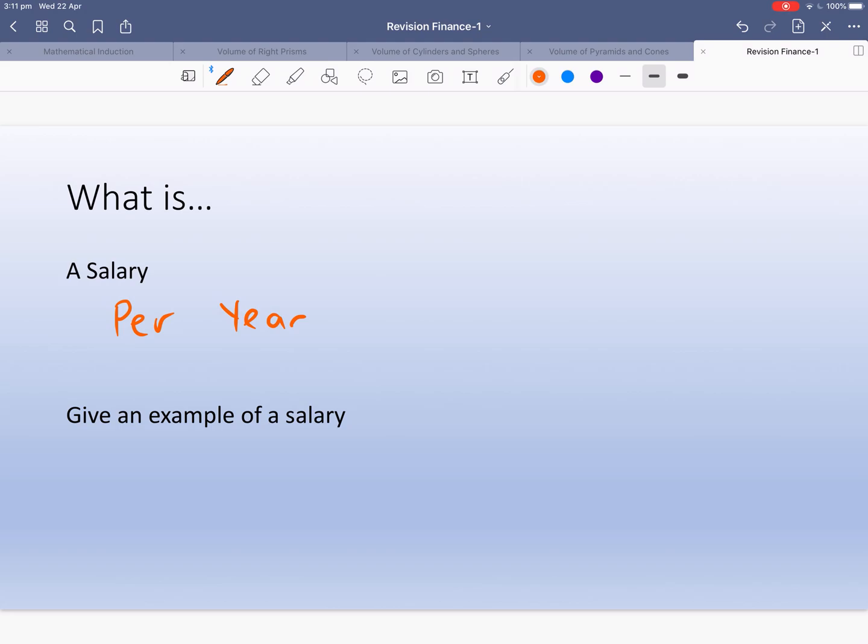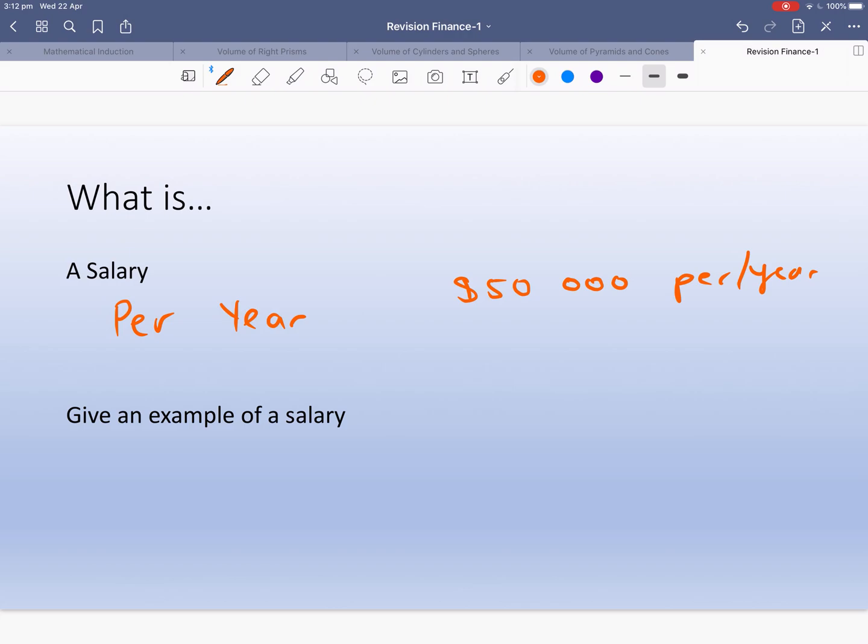So it doesn't matter if we work 4 hours in a day or 17 hours in a day, we get paid the same amount, all right? So we get a contract and we sign it for the year, and then we get paid a portion of that every 2 weeks. So, for example, you could get $50,000 per year, if that's what you get.